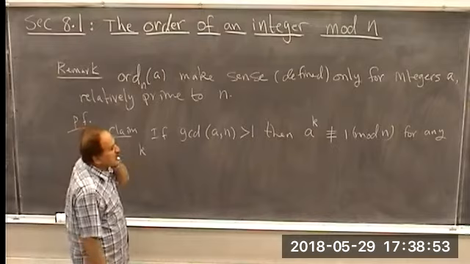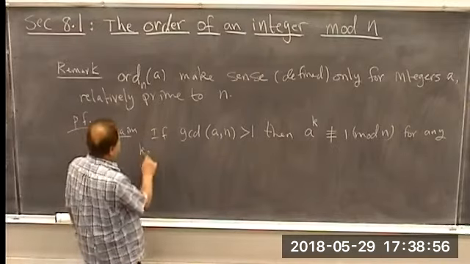And in particular, of course, we want it for positive k. All right?